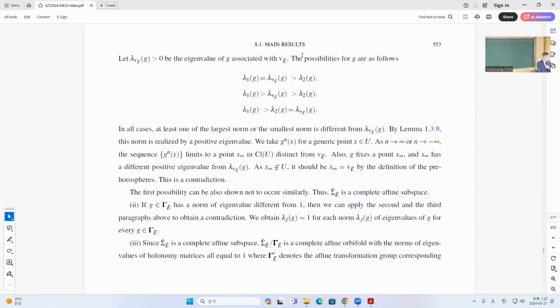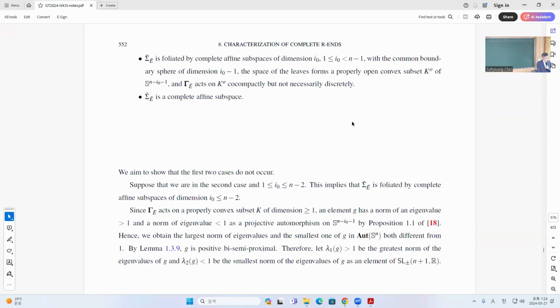Then we also have the eigenvalue lambda V. Okay, so there are 3 possibilities like this. So in all cases, at least one largest or smallest eigenvalue is different from lambda V. Okay, so you have lambda V, then there's something different from it. Okay, of course they could be equal, but all right.